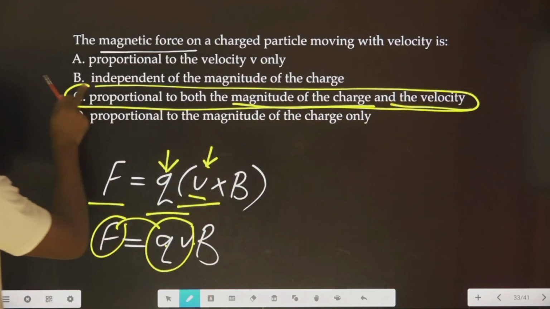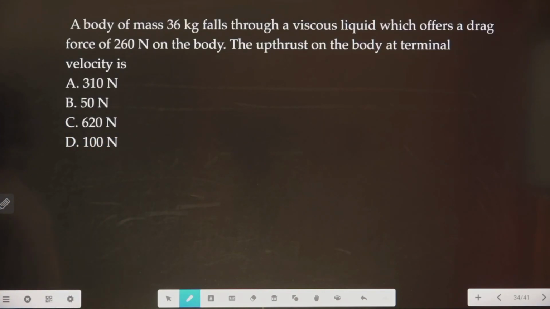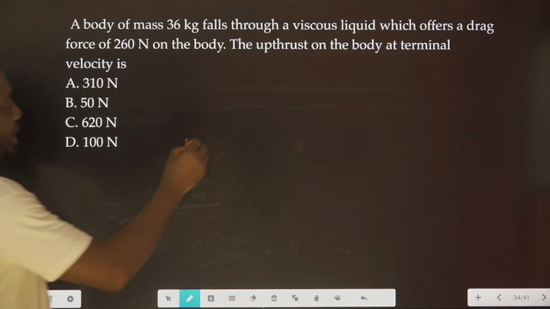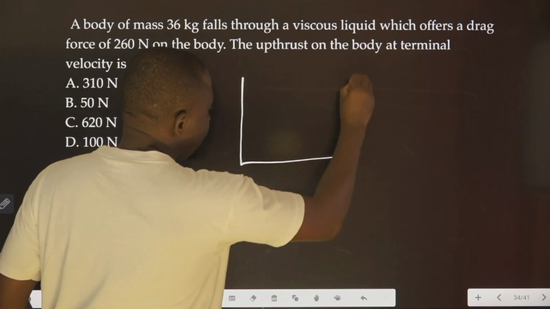Okay? A body of mass 36 kg falls through a viscous liquid which offers a drag force of 260 Newton on the body. The upthrust on the body at terminal velocity is what? At terminal velocity, let me draw this.